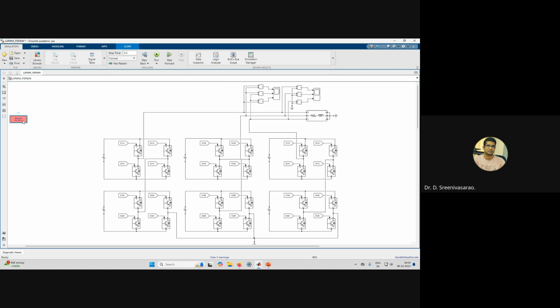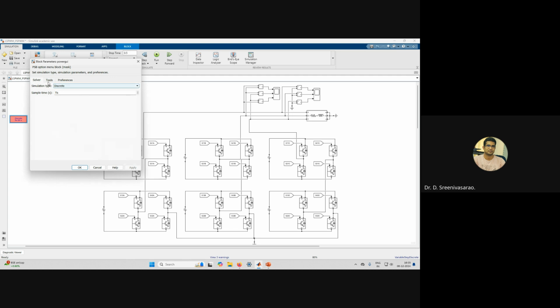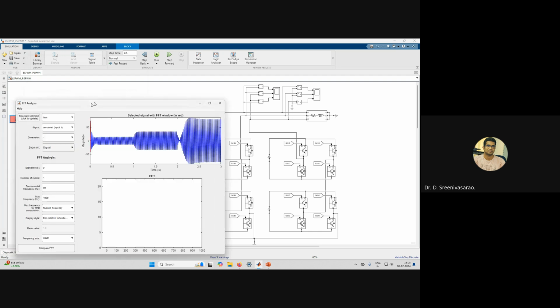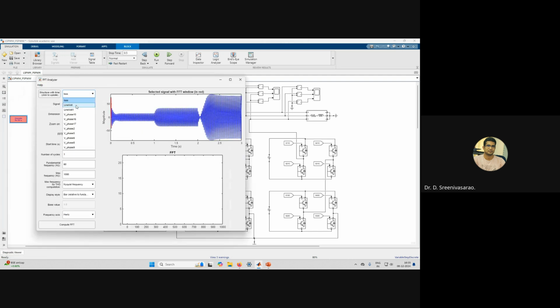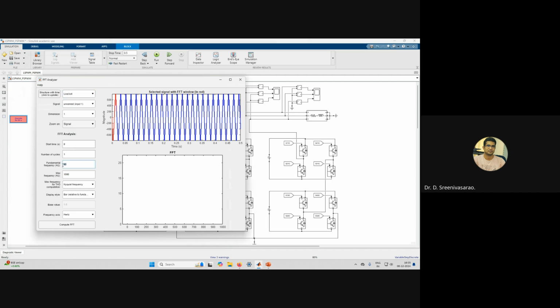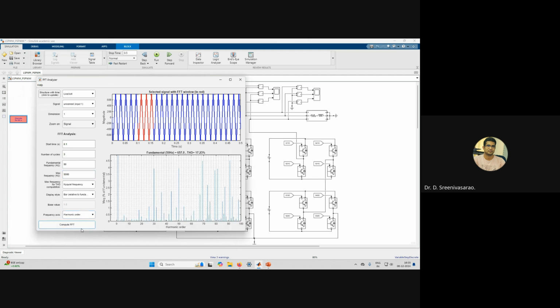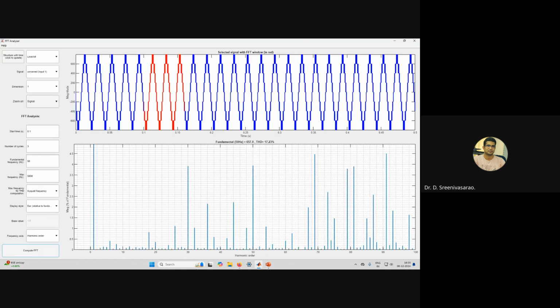We can also see the harmonic spectrum. Go to tools and FFT analysis. This is line voltage at 50 Hz, and we need to leave some initial cycles. We will consider 3 cycles. The maximum frequency maybe you can consider 5000.